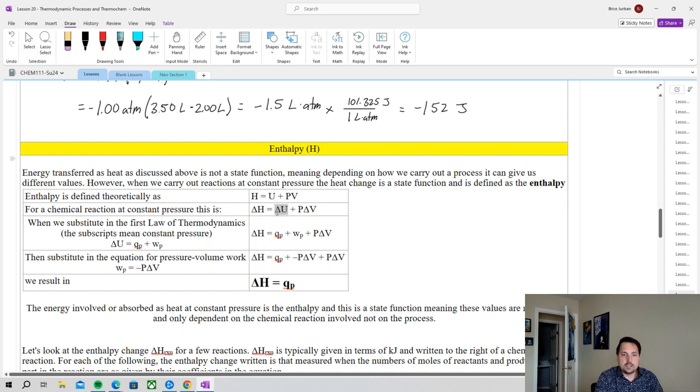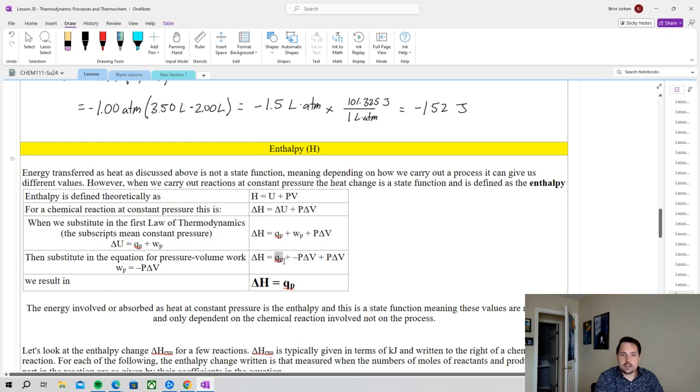So I can replace the internal energy here with QP plus WP. And then we can substitute in that the work is equal to the negative of the pressure times the change in volume.